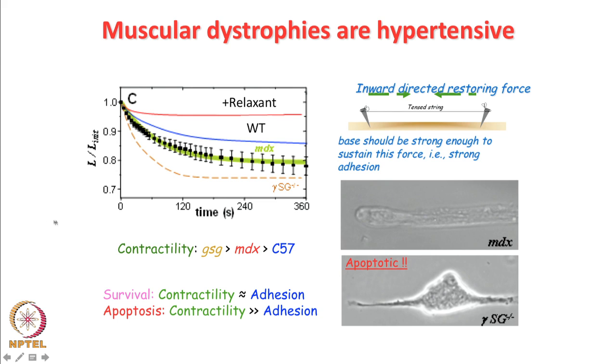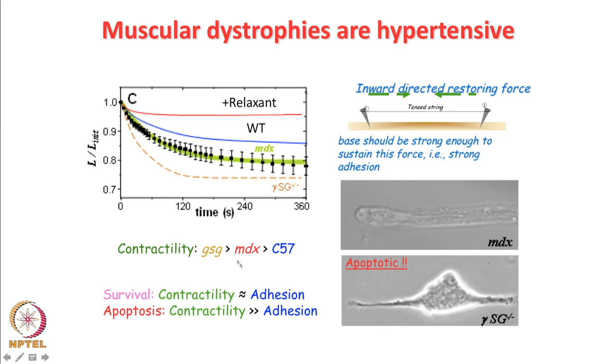So, what this experiment suggests is about survival. In MDX, though the disease is very lethal, there is no survival issue. Eventually patients die of organ failure, and this is a case where contractility, or the forces the cells are exerting, are reasonably balanced by the adhesions the cell is able to form with its substrate.